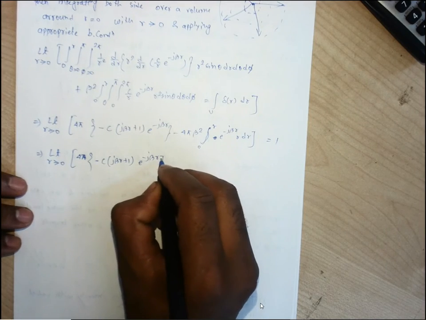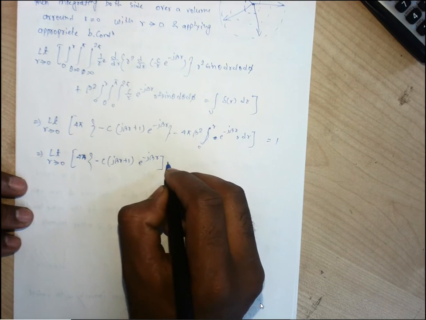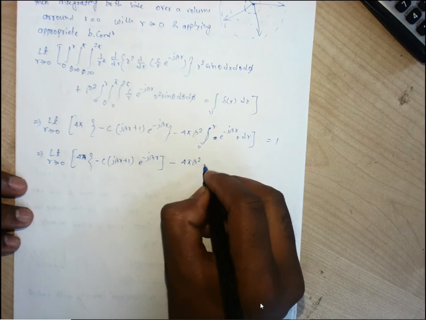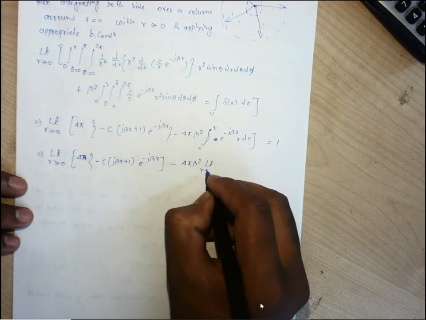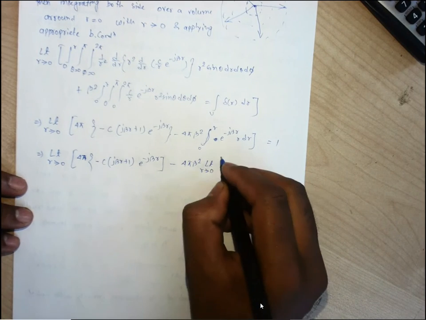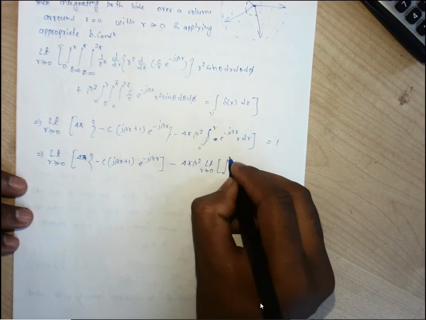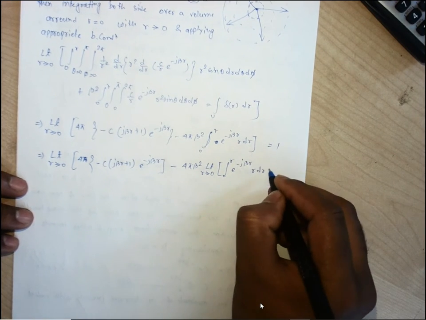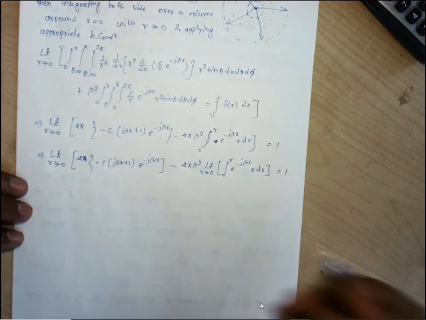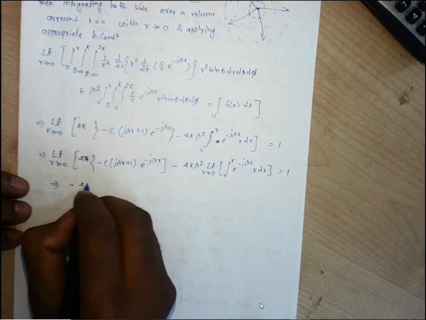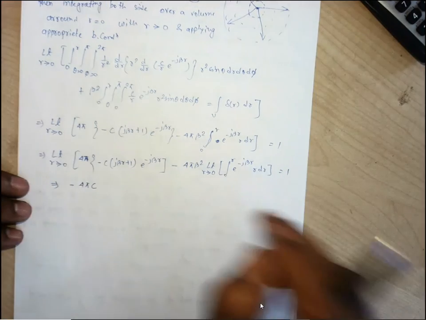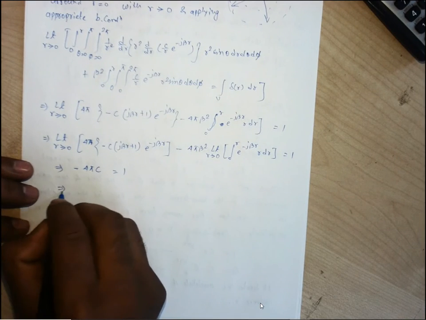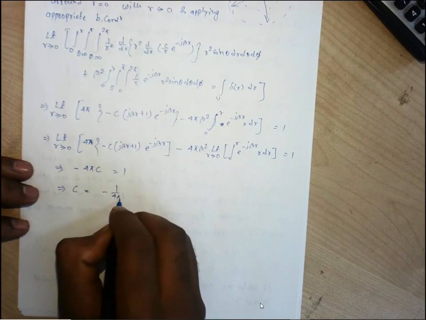Sorry, it will be the second bracket only, minus 4π beta squared, limit r tends to 0, integration 0 to r of e to the power minus j beta r, r dr is equal to 1. So therefore we can find this one as 4π c. You just do all the calculations; I'm just skipping the intermediate steps. It is coming out as 1. So this constant value is coming out as 1 by 4π.